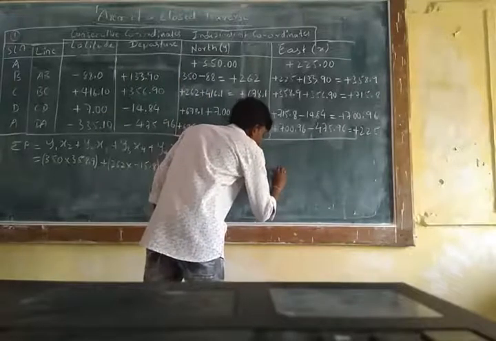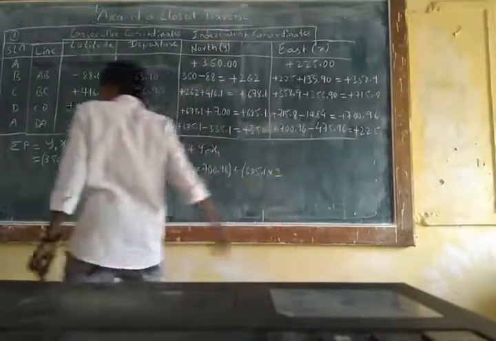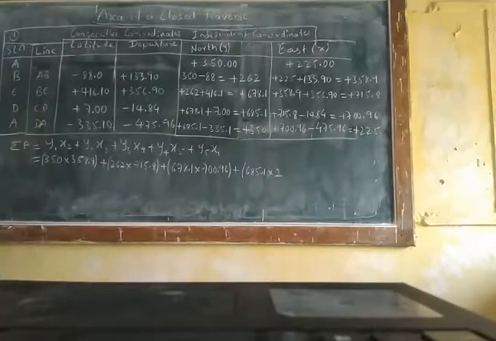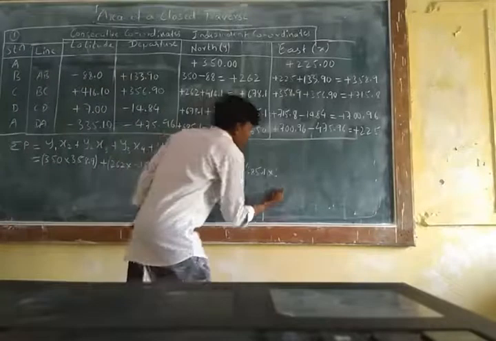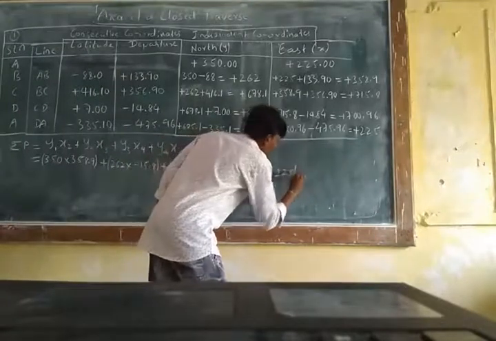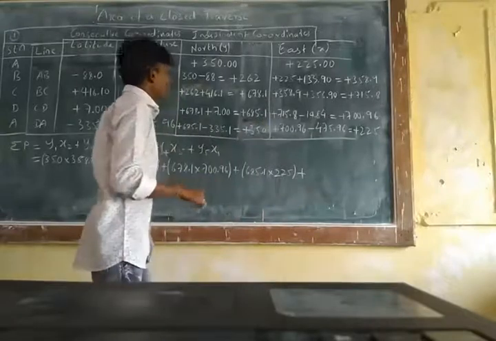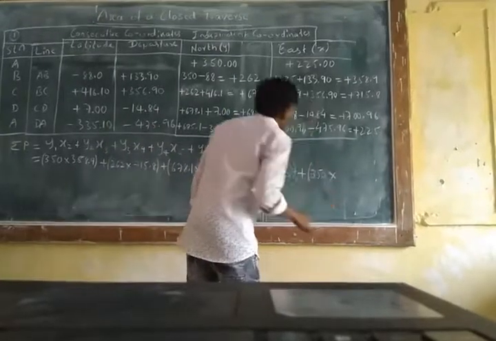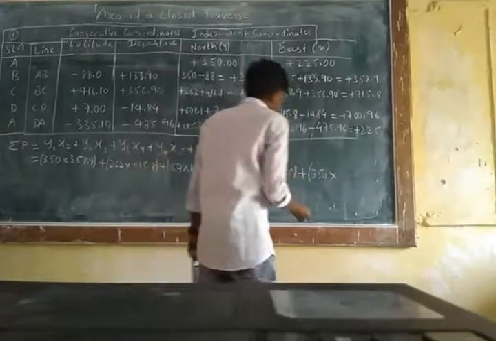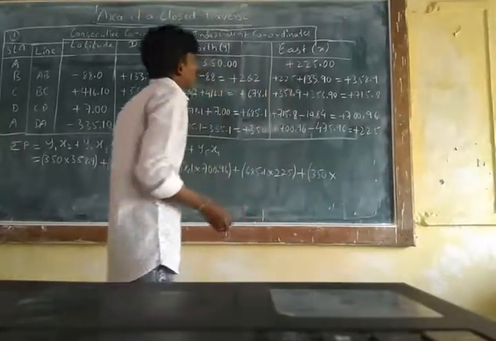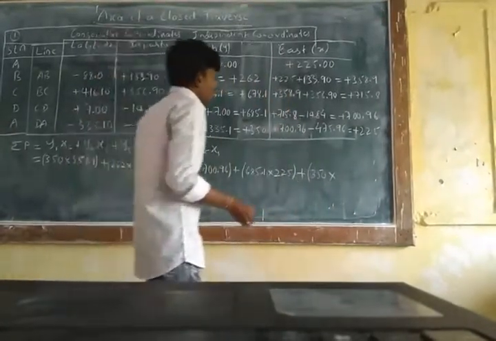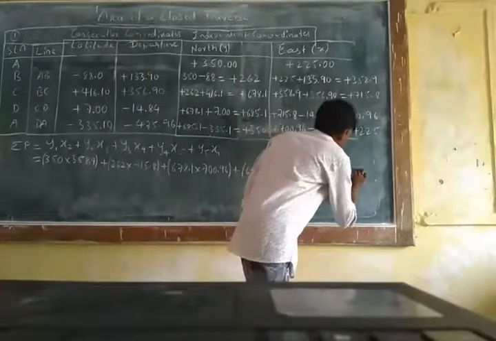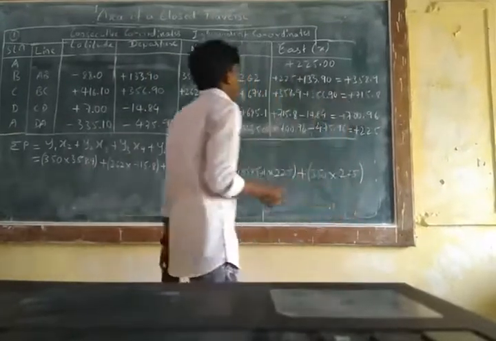So 225 here. 225 plus y5 value is 350. So write 350 multiplied by the x1 value is 235. Okay. We need to write 235 here.